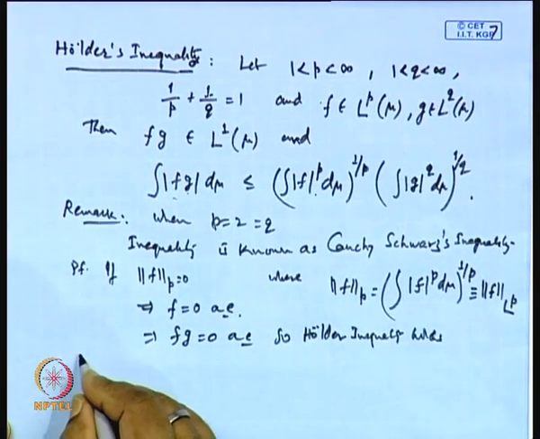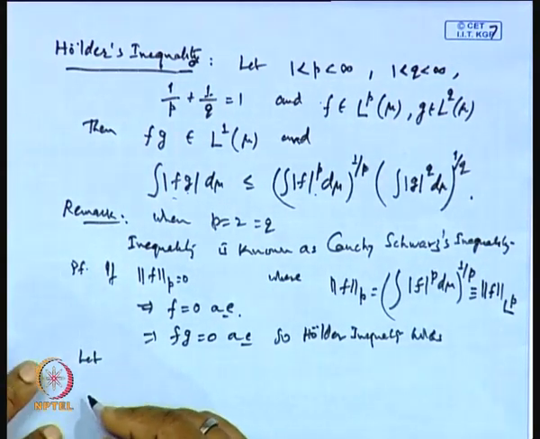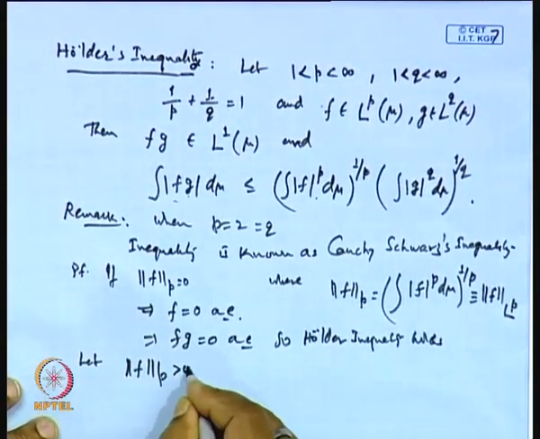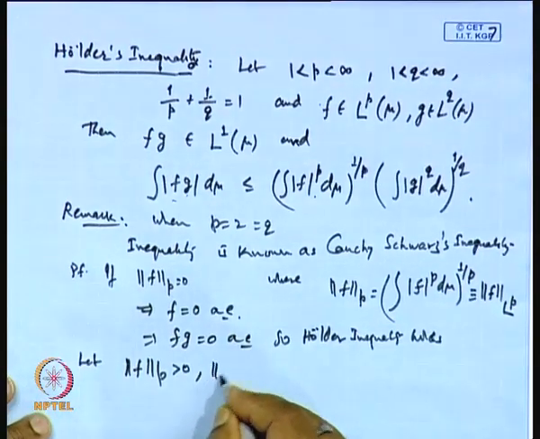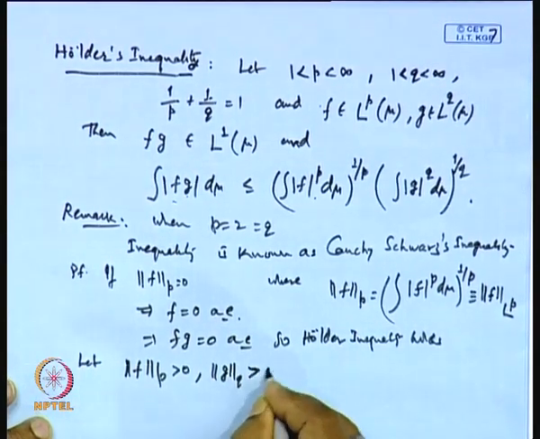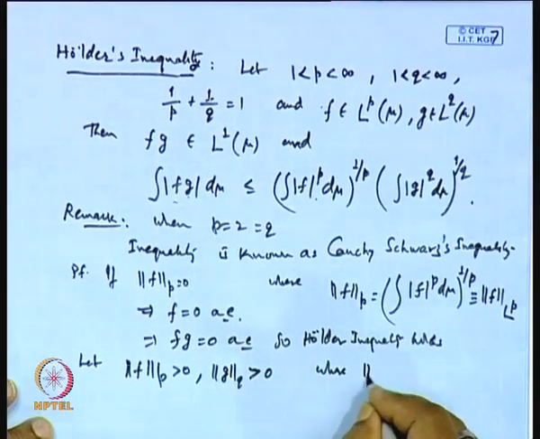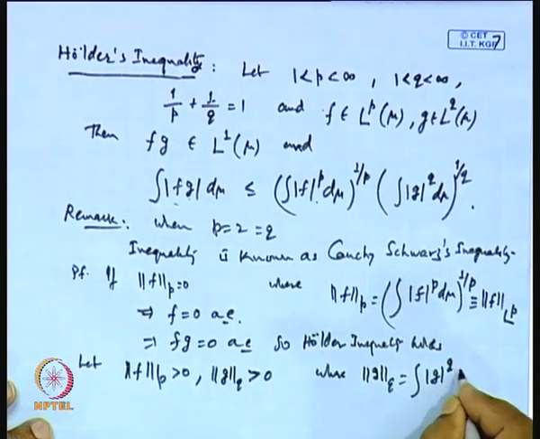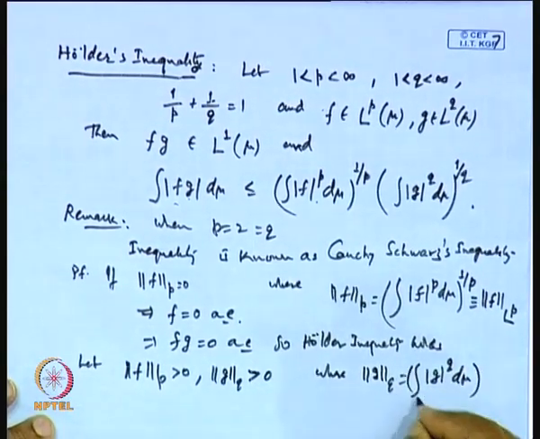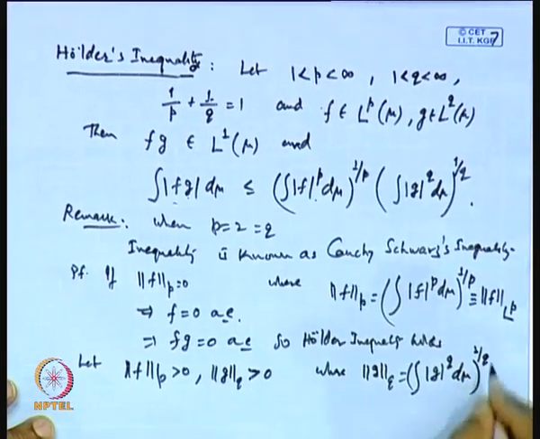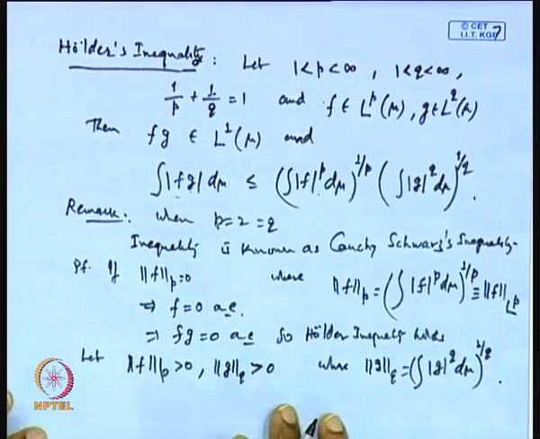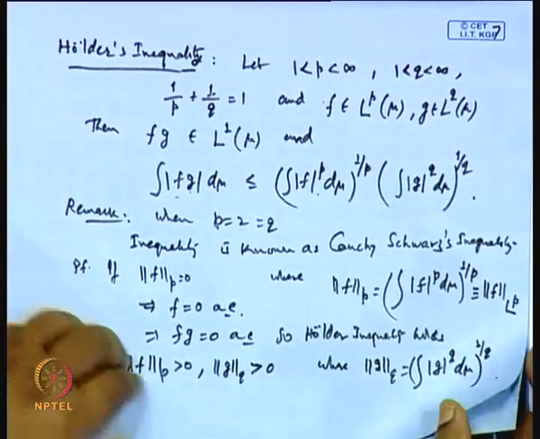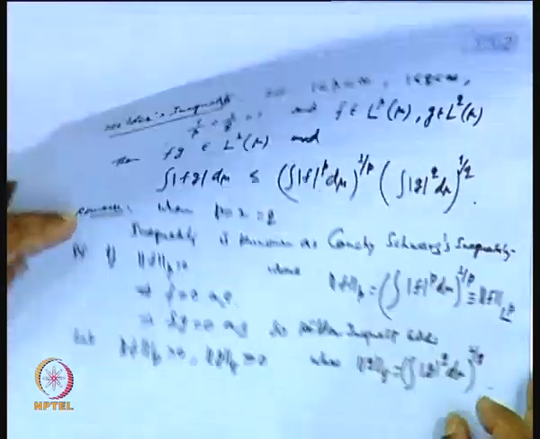So let us assume f is such that the norm of f suffix p is positive, the norm of g suffix q is positive, where the norm of g in q means (integral of |g|^q d mu) power 1/q. Okay. So when they are positive, we can divide by them. Greater than 0 means we can put it in the denominator. So let us choose A and B as follows.